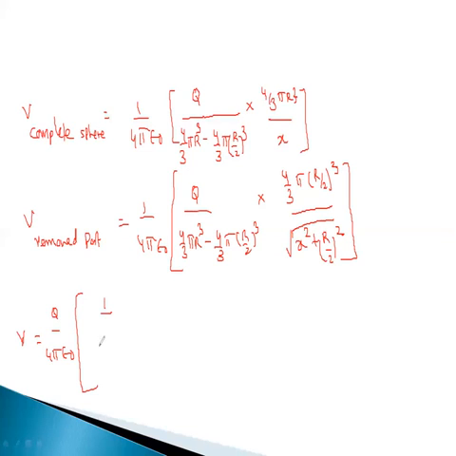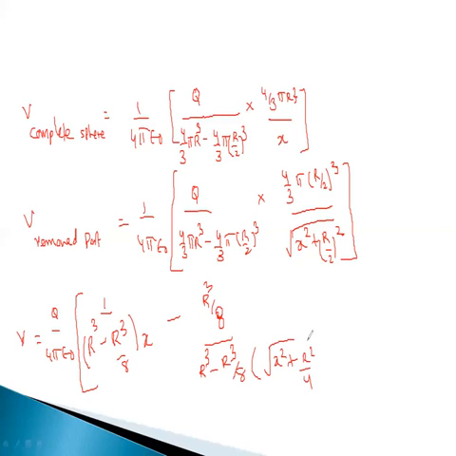That will be 1 by R cube minus (R by 2) whole cube, meaning R cube by 8, in the denominator, into 1 by x, minus, with q already taken common, in the numerator R cube by 8, by, in the denominator, R cube minus R cube by 8, into, again in the denominator, root over x square plus R square by 4.